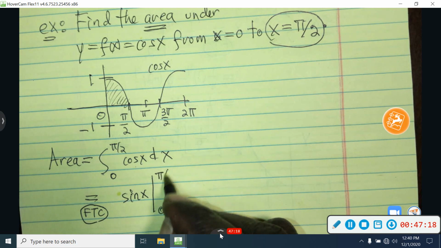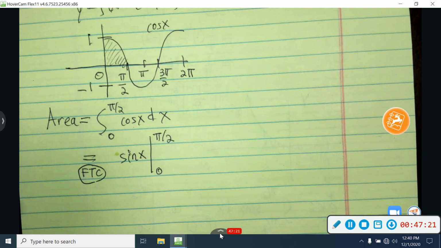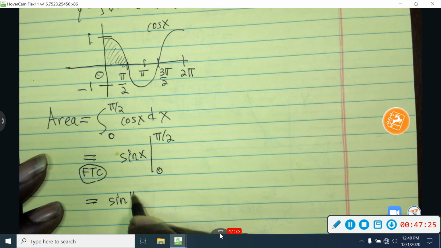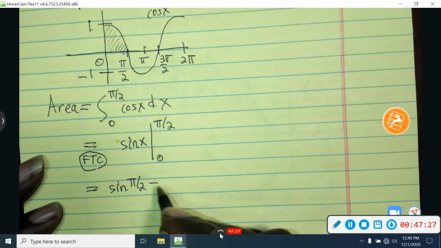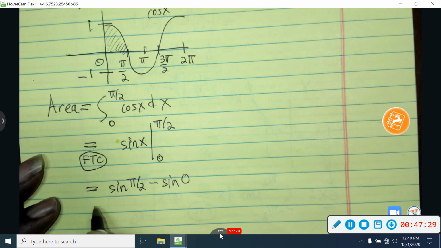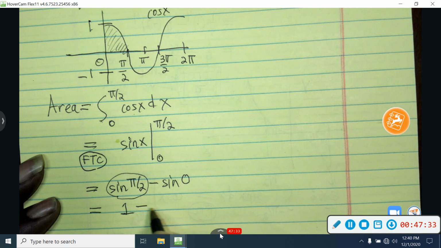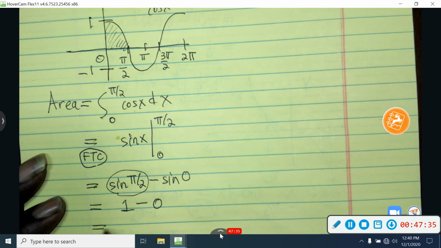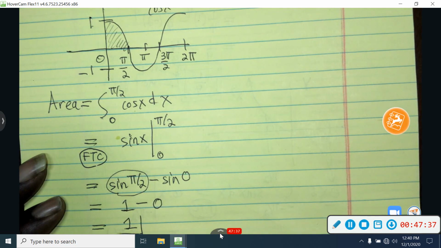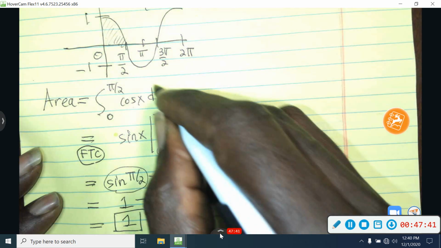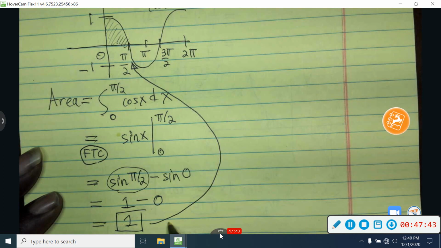So we put a bar there saying we're prepared to do that, and then we put the numbers in. So it'd be the sine of pi over 2 minus the sine of 0. The sine of pi over 2, that's 1. The sine of 0 is 0. And congratulations, the area is 1 square unit. And that is your area here.